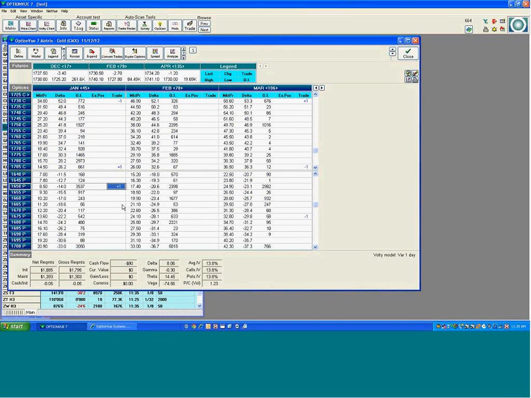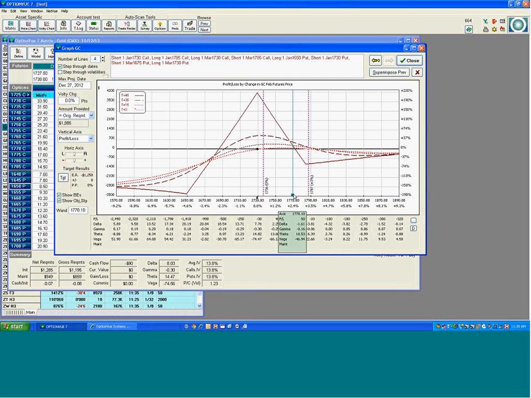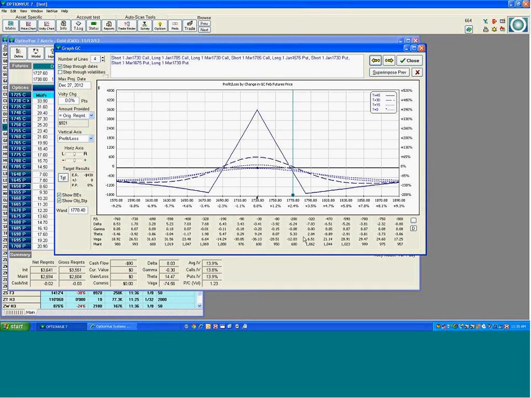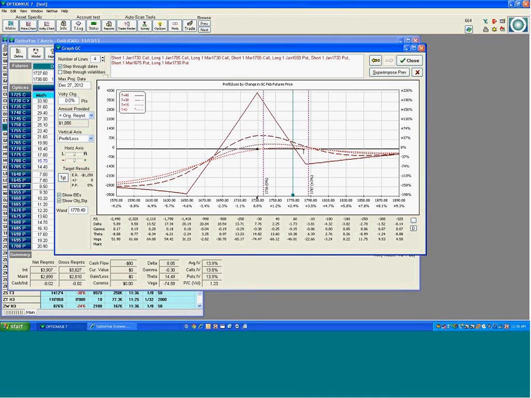That would be a bullish vertical put spread. So if we take a look at our graph, at this level now, 1770, we're basically close to neutral. We're only 1.7 delta short instead of what we were before, which was 6 delta short. We've kind of eliminated in the short run vulnerability if the market continues to move higher.